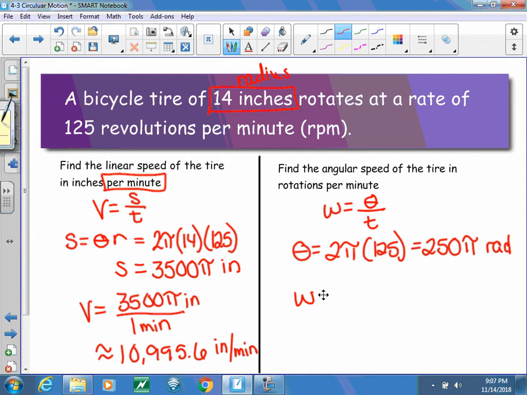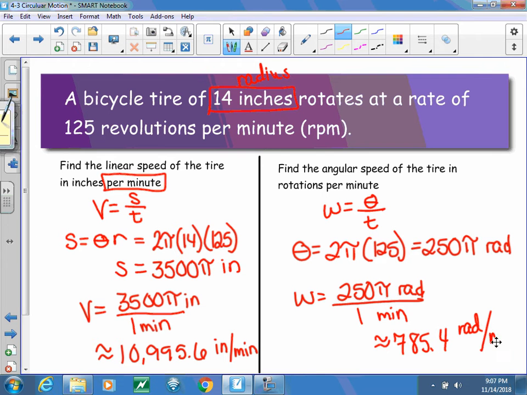Then to find our angular speed, we're going to take that 250 pi radians and divide it by 1 minute. So what we now have is the number of radians per minute. If I simplify this down, I get 785.4 radians per minute.